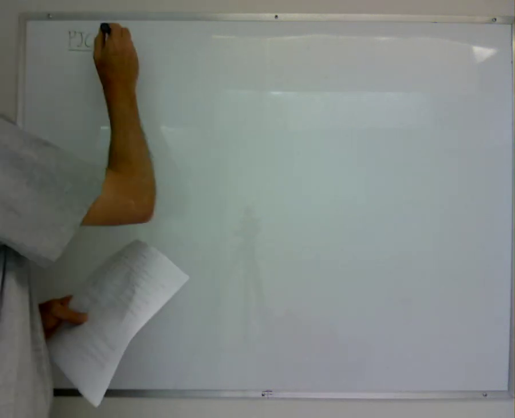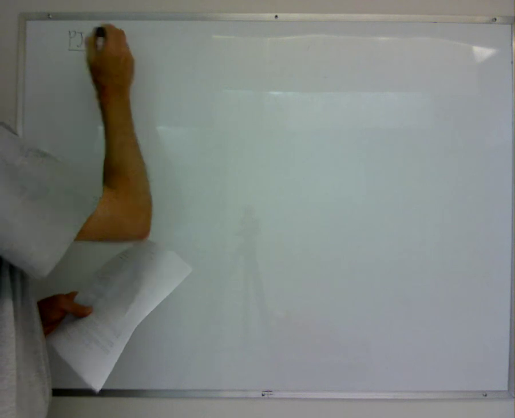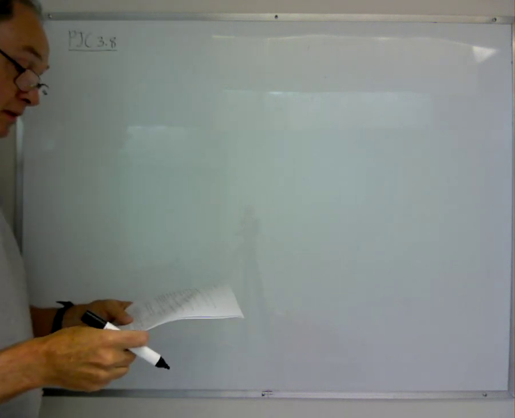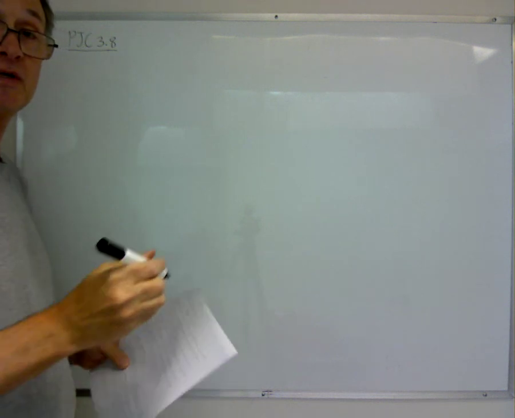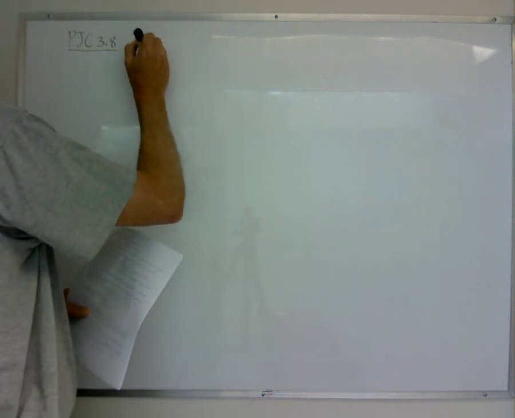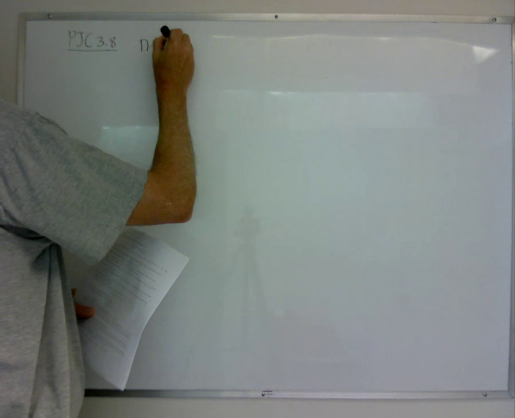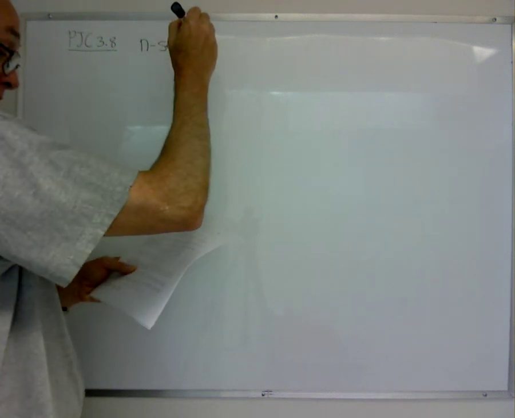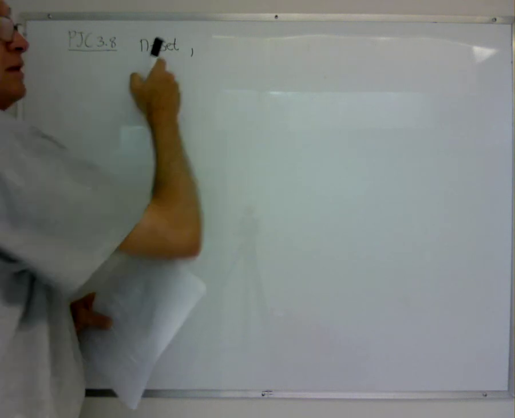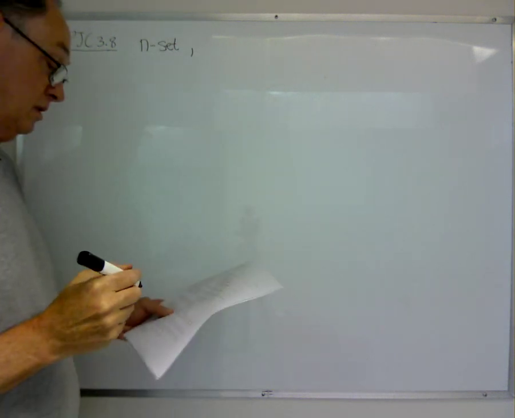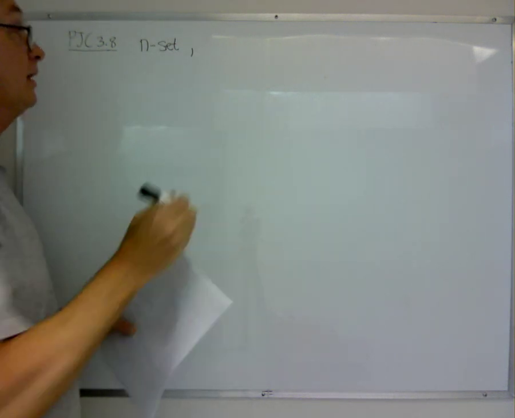Is 3.8, also in chapter 3, and it says the number of cyclic permutations on a set of n elements. So you have an n set, the set of n elements, how many cyclic permutations?